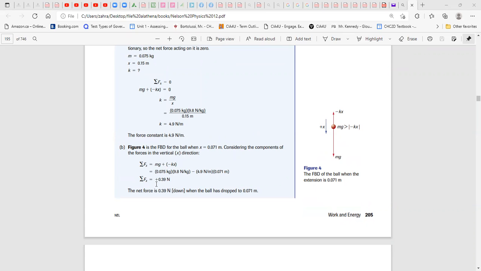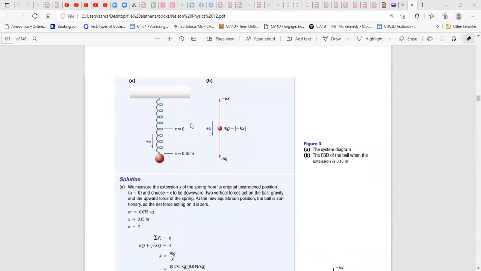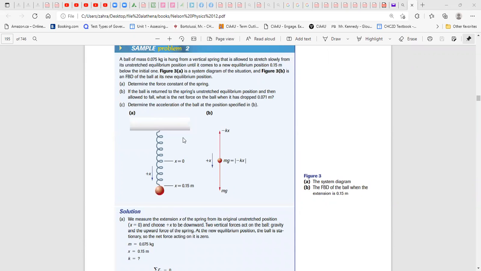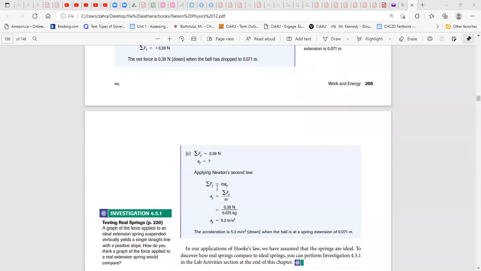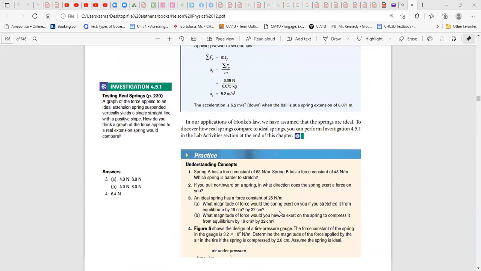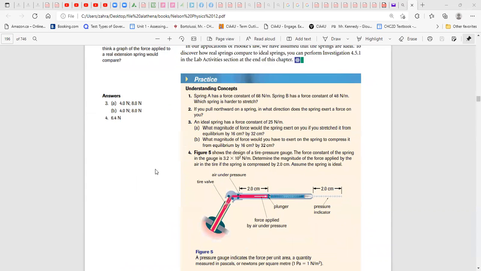You see the net force is not zero, it's 0.39. We can find the acceleration. The next part is to determine the acceleration of the ball. Total force is equal to ma. Just rearrange for acceleration: the total force we got from the previous step divided by m, the mass of the ball. This is the acceleration. So you can do questions 3 and 4.